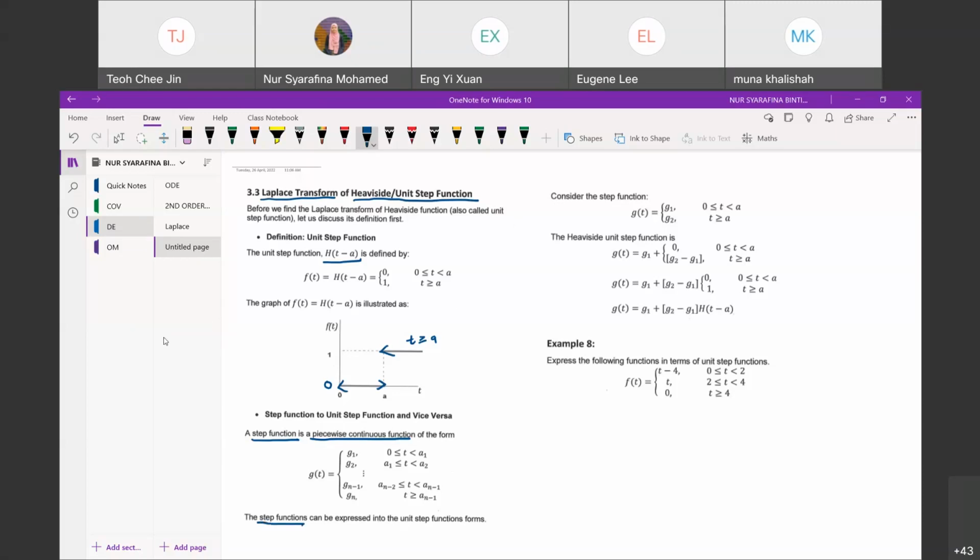Now we can express that step function as a unit step function in order to ease the process of transformation. So what is the unit step function again? This h(t minus a), where it equals 0 from 0 to a and 1 from t greater than a. Clear or not? Any question?